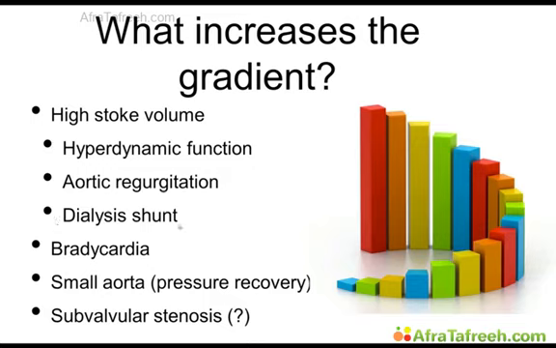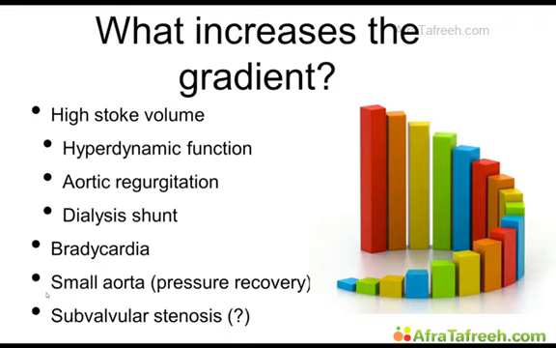If patients have a dialysis shunt and the shunt is very large, these patients also have a very high flow across the aortic valve, which can increase the gradients in the case of aortic stenosis. Always put the heart rate in your report, because if patients are very bradycardic, we also have a very high stroke volume for each individual beat, and thus the gradients will be higher.